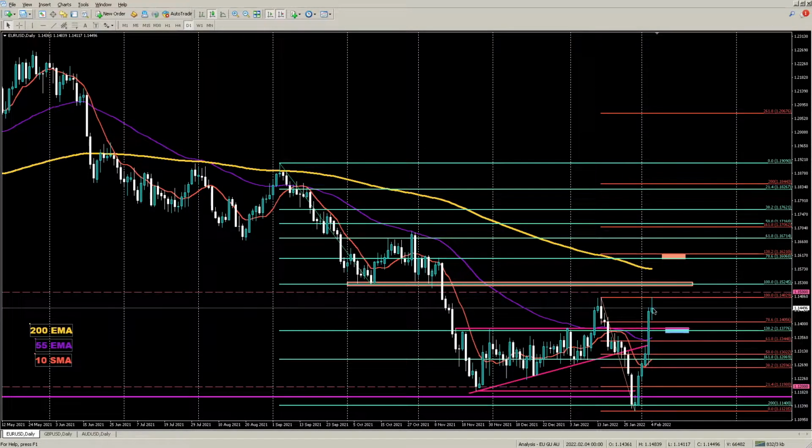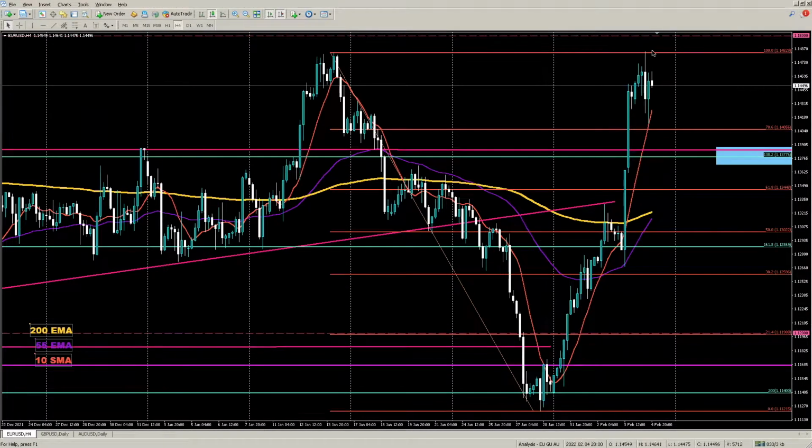So even with the non-farm payroll report from the US on Friday, which recorded a much stronger figure than expected, the euro did manage to recover the fall.